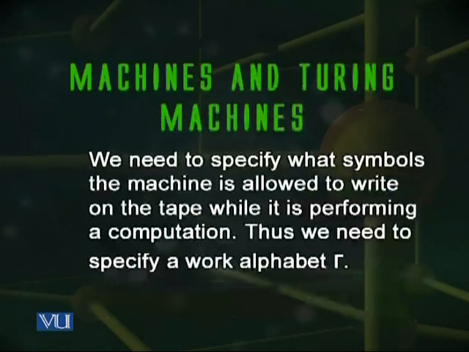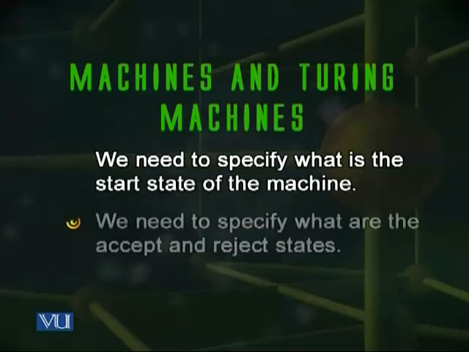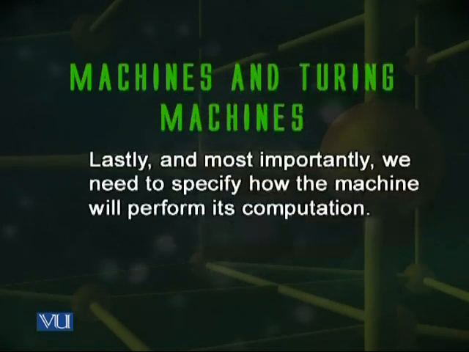The third thing we need to specify is what is called the work alphabet, the symbols that the Turing machine is allowed to write on the tape. Other than that, we also have to specify a start state and 2 states which are designated as the accept and reject state. And lastly, and most importantly, we have to specify how the machine will perform its computation. This is called the transition function.